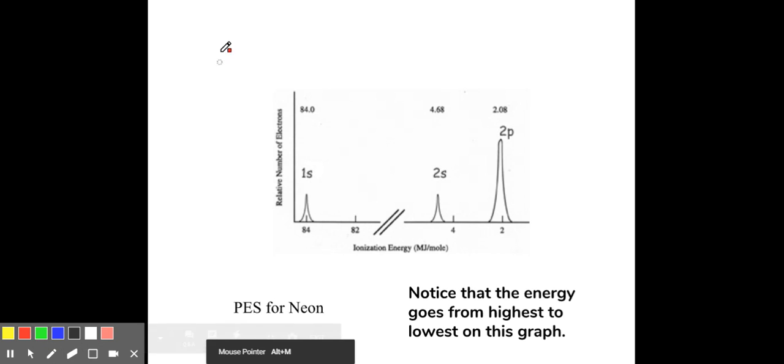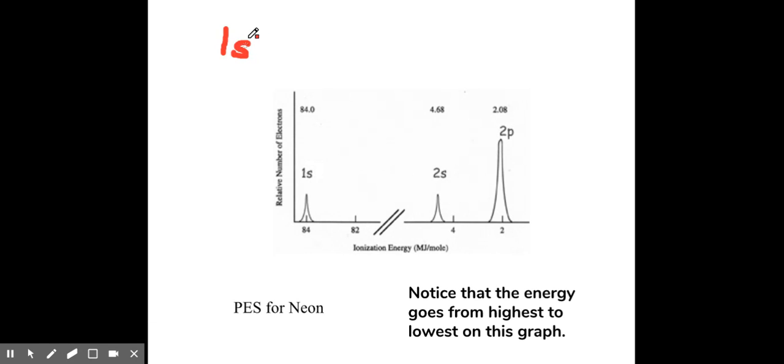This would be 1s2 for sure. 1s2, and then 2s2. And then it would be 2p, let's see, 2p, and then it says 6, okay, for neon, 2p6.